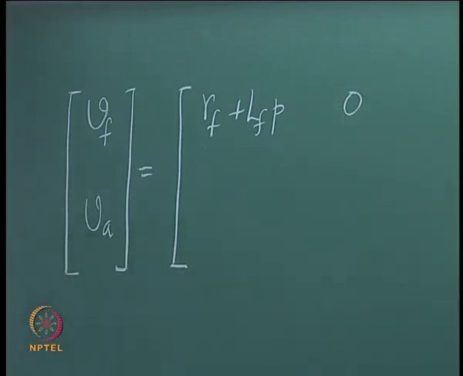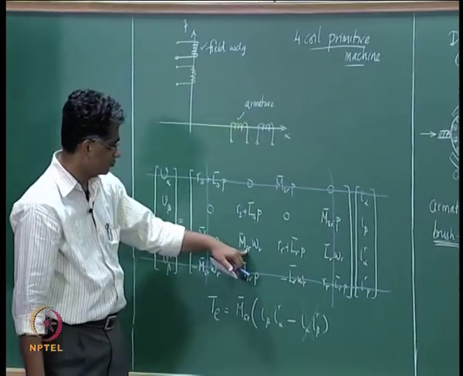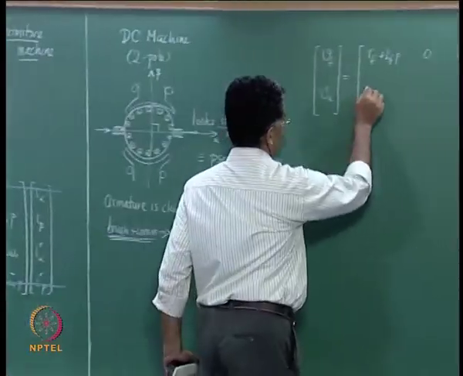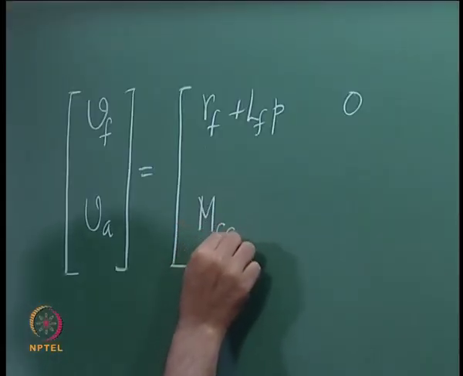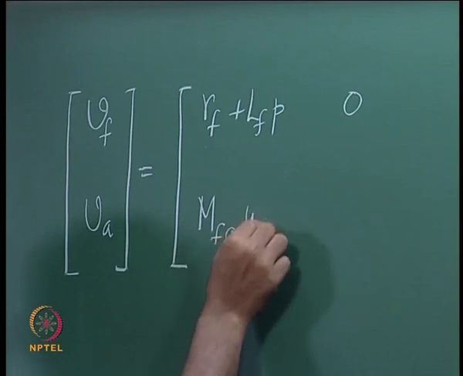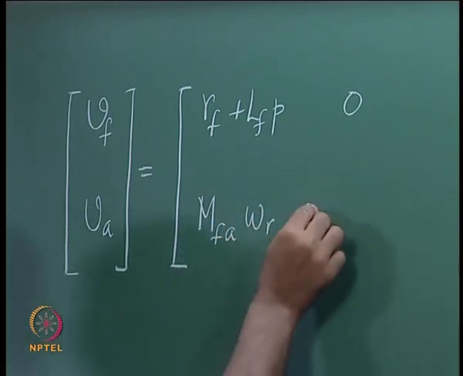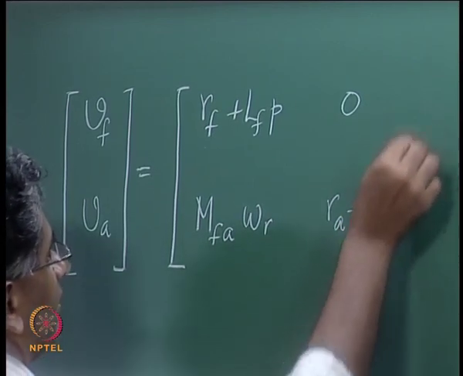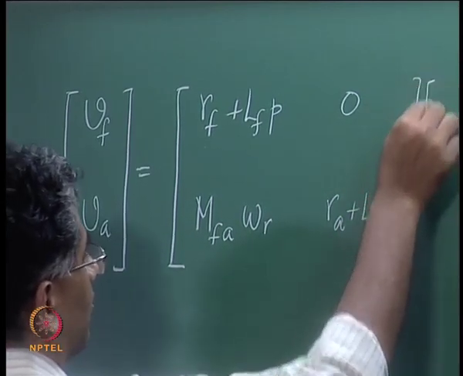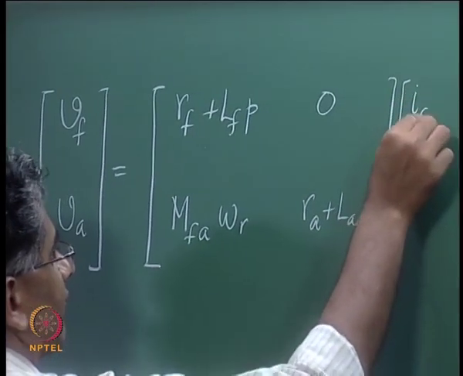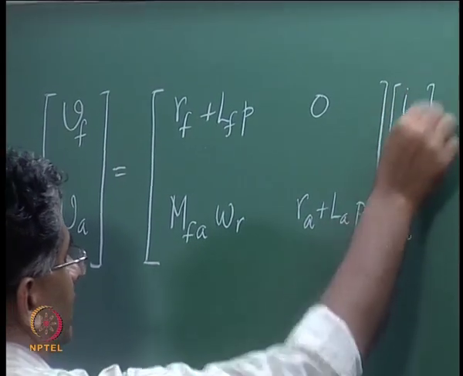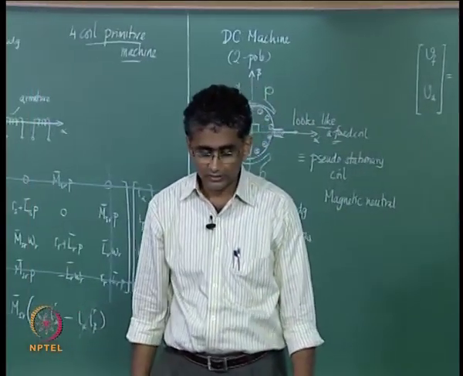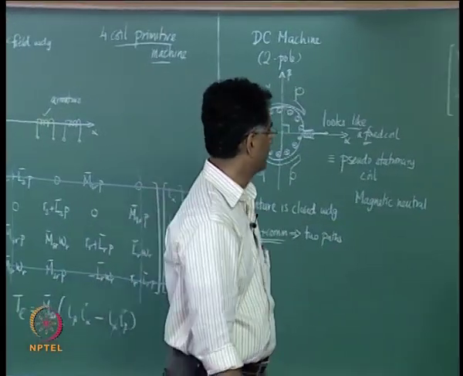The next term in the armature is the speed EMF term MSR into omega r, so we will call that as MFA between the field and armature multiplied by omega r, and then you have Ra plus LAP multiplied by IF and IA as the vectors. So, this in essence is the electrical system equation for the DC machine.